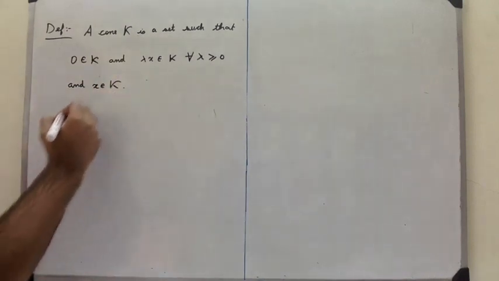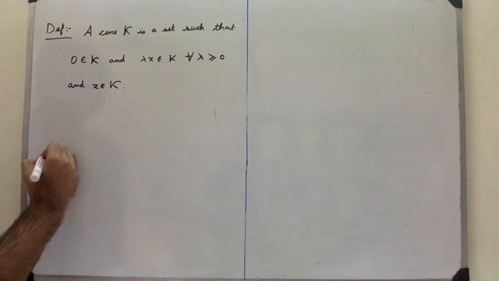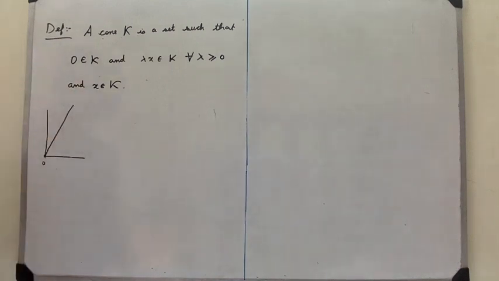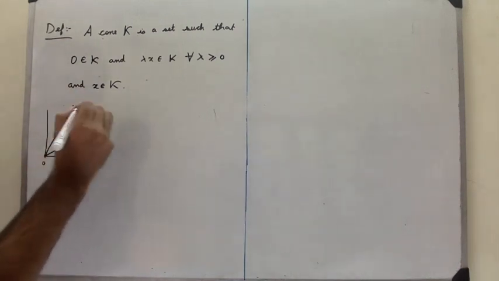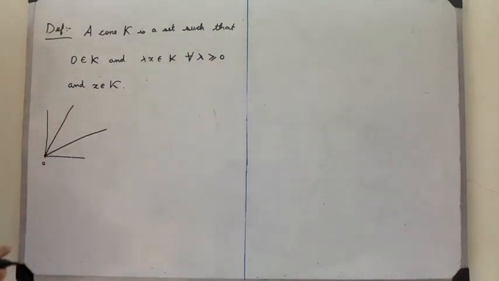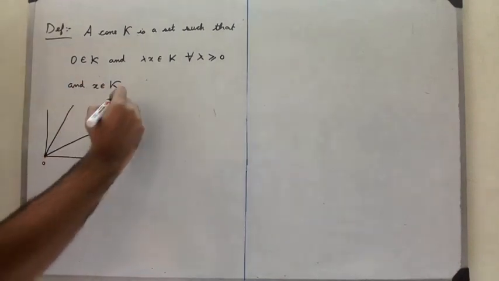Basically, a cone contains the origin and any ray. For example, a cone could be just these two rays, but we are interested in a convex cone.